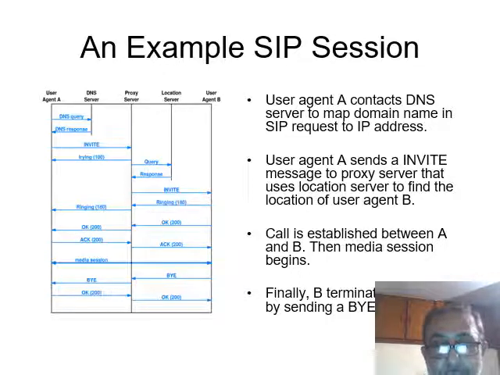So when it does so, a bye message goes back to the proxy server. The proxy server sends that to the user agent A, and it sends back an OK signal, and the OK signal is then further sent back to user agent B. So it is quite clear from this diagram how this voice over IP call is made.